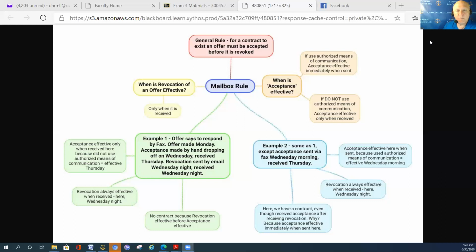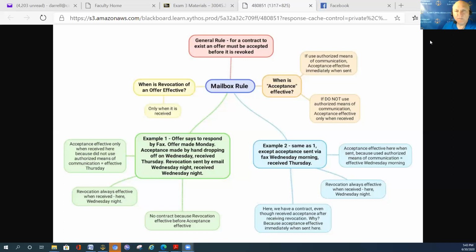If you accepted the contract and the acceptance was effective before Friday, then we have a contract. So if you accepted it on Thursday, even though I tried to revoke it on Tuesday, and it was effective on Thursday, we've got a contract.